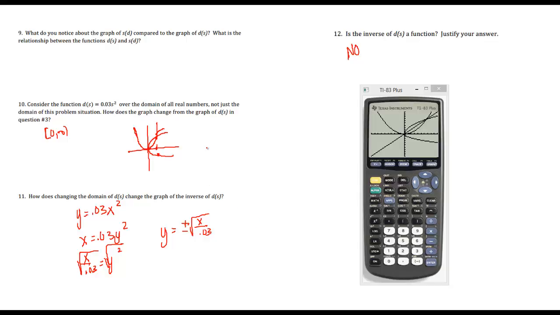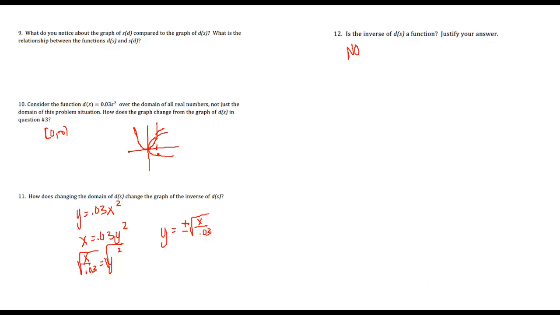Now, if we just look at the original graph, the graph of our original function, can we tell if the inverse is going to be a function? Well, you can. Because, let's think about it. In order for it to be a function, for every x, there can only be one y. Well, if they're inverses, that means that that's flipped.